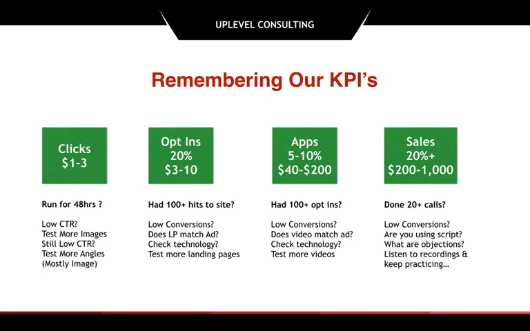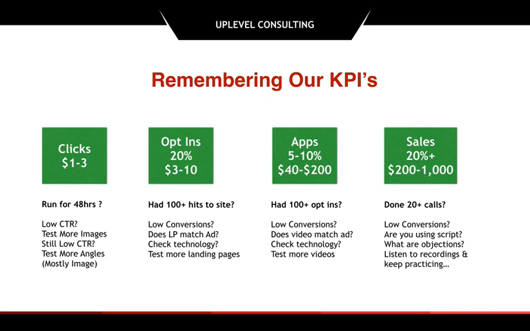So these are people who opt in, view the video, and then fill out the survey and schedule a call with us. So if you've had 100 opt-ins, first and foremost, we should be getting 5% of people who opt in to take us up on a strategy session.